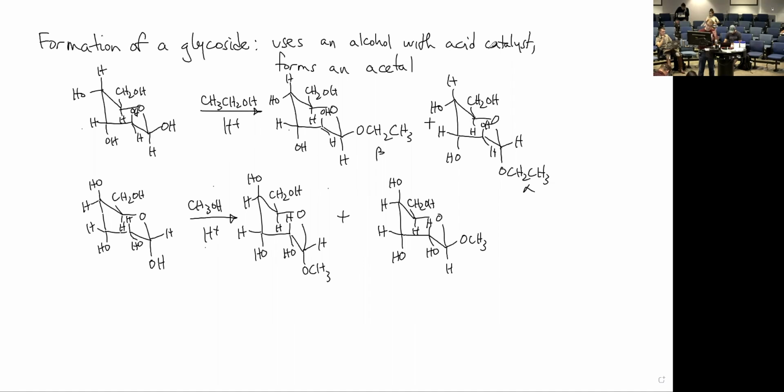But it's an important question to be able to tell the difference between the two. Remember also in the exhaustive alkylation, there's no way of replacing just a few of them. It's either all or nothing. Here, it only reacts at carbon 1. Forms an acetal at C1. Good, other questions?